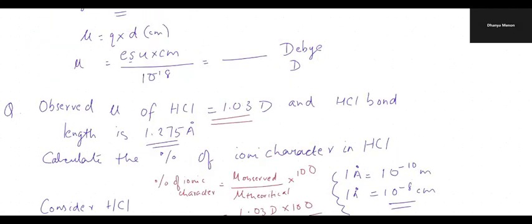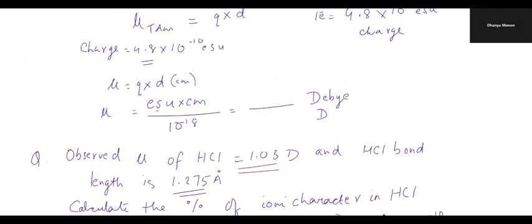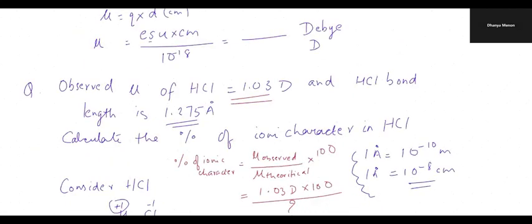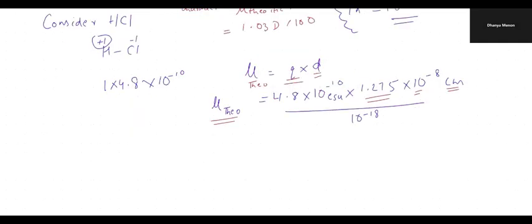Now the value that comes is 4.8 into 1.275, after cancelling, these get cancelled.